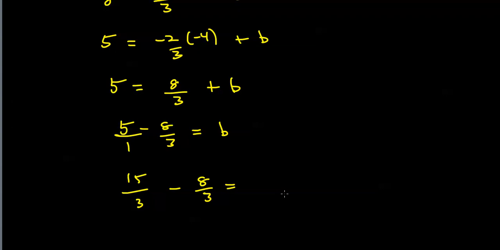And of course, 15/3 minus 8/3 is 7/3. So b is positive 7/3. So my final answer is going to be y equals minus 2/3 x plus 7/3.